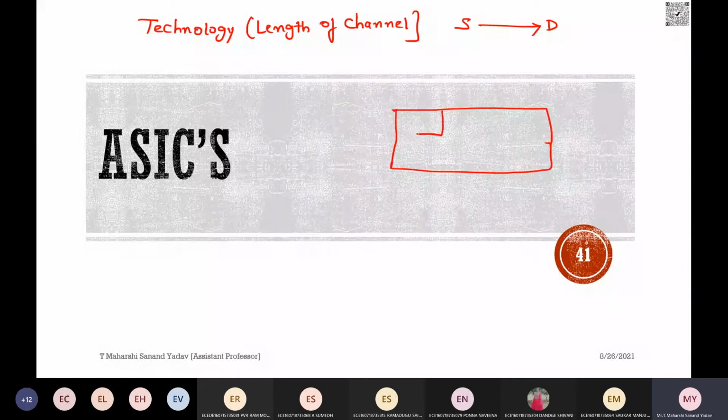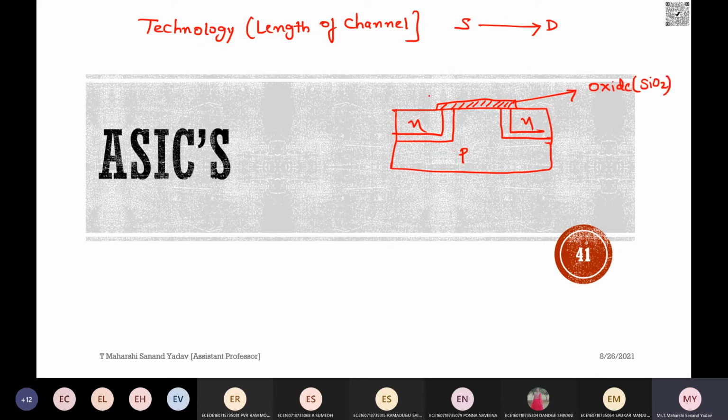Suppose I'm taking N, P and N. When N and P are joined, a depletion region will be formed, so here one more depletion region. What is the first layer here? SiO2, an oxide, which acts as an insulator.